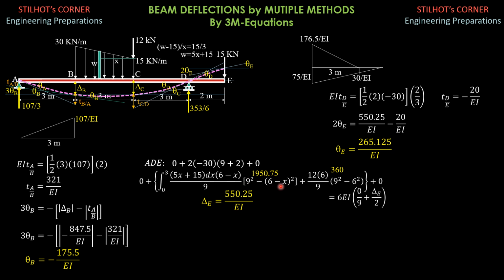Then plus, this time 12 is on AD, so the formula is PA over L, quantity L squared minus A squared. So 12, A is 6, over L 9, quantity 9 squared minus 6 squared.